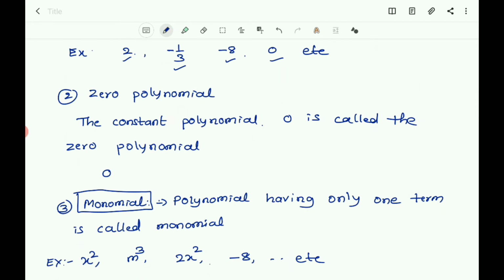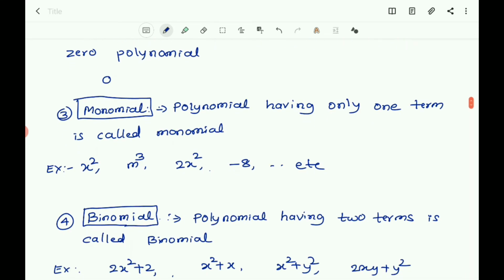The constant polynomial 0. Here the number must be 0, then it is called the zero polynomial. A polynomial having only one term, that is 0, is called the zero polynomial. The zero polynomial is also a constant polynomial, but here the speciality is the term is the constant 0.